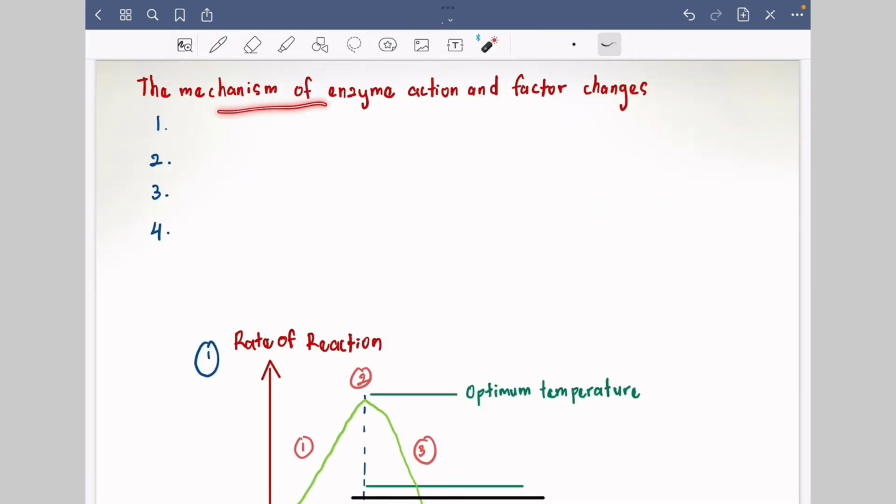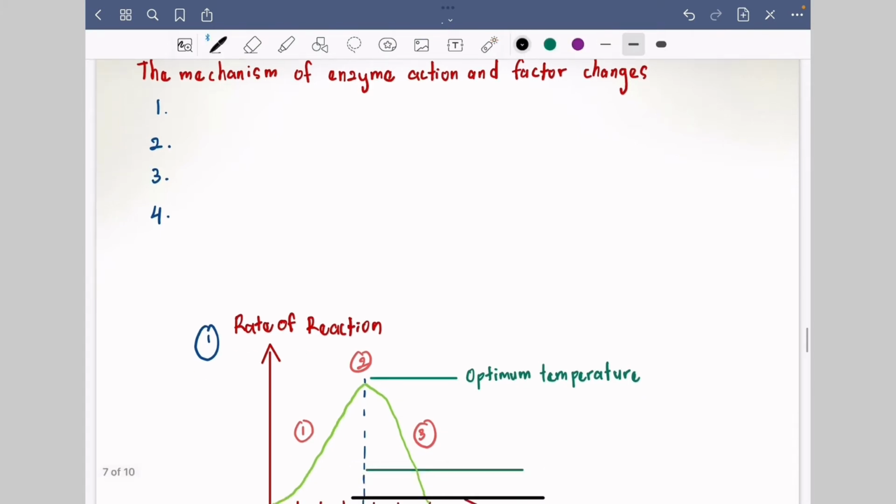The mechanism of enzyme action and factor changes. There are many factors that can affect the action of the enzyme. These factors can result in changes of the reactions. These factors are due to physical conditions, for example, the temperature, and second is the pH.